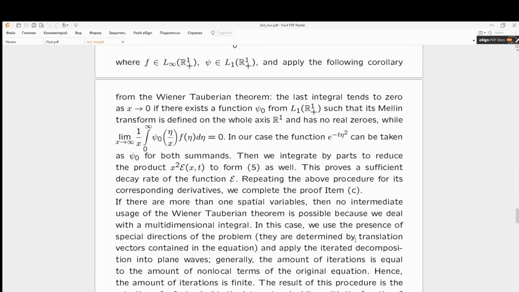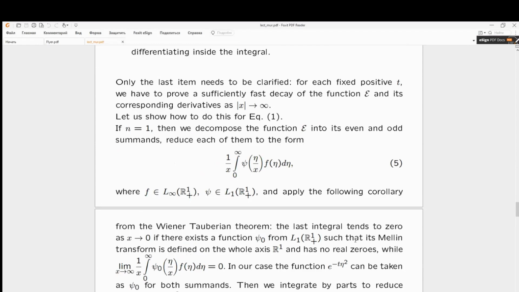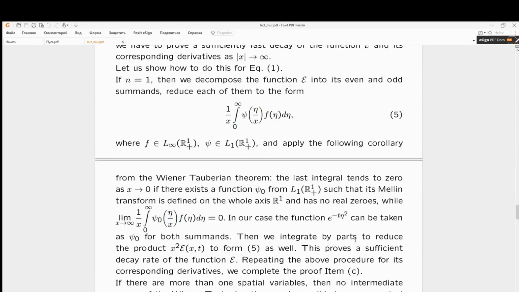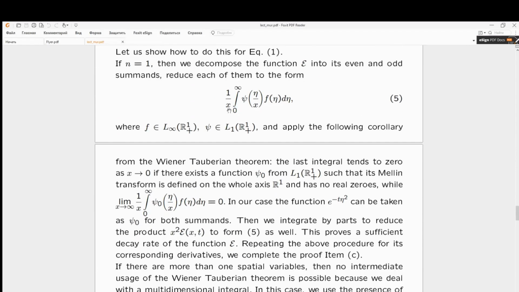Let me place this in order for everything to be seen. The last integral tends to 0 as x tends to 0 if there exists a function psi 0 from L1 such that its Mellin transform is defined on the whole axis R1 and has no real zeros. And this limit is equal to 0.